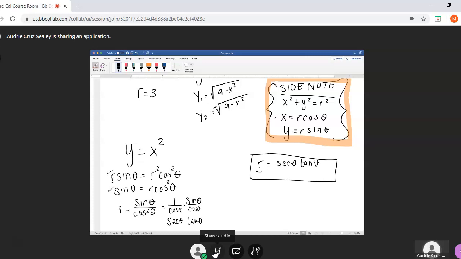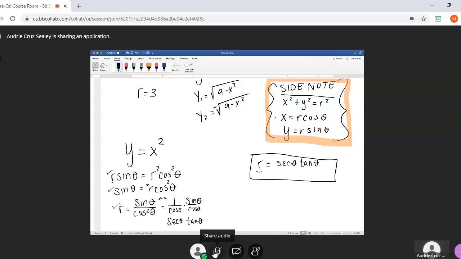Now, here's my R. I'm trying to get R by itself. So I divided both sides by cosine squared theta. So then I get this. Then I split this fraction into 1 over cosine theta times sine over cosine. These are the same thing.